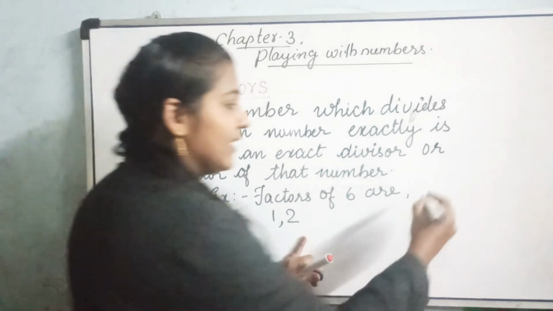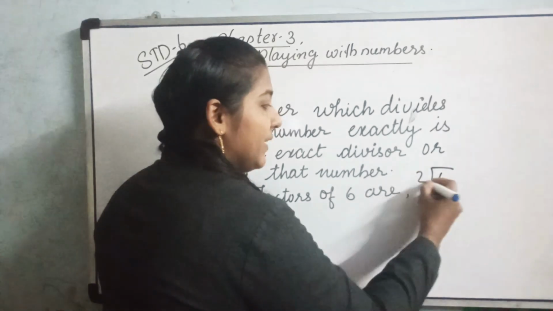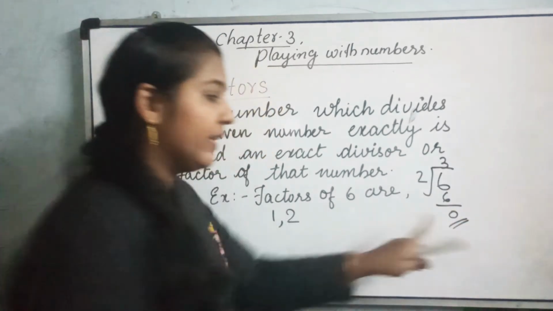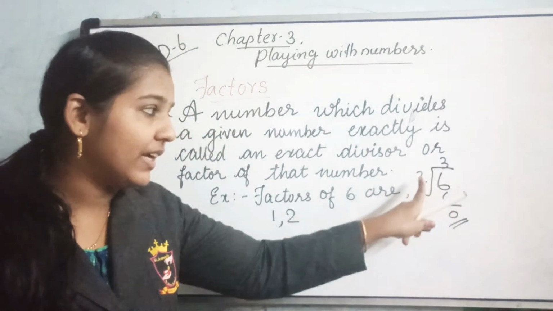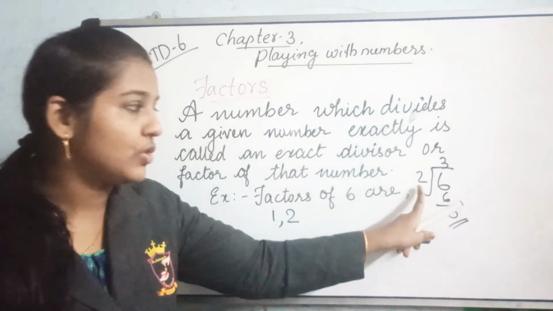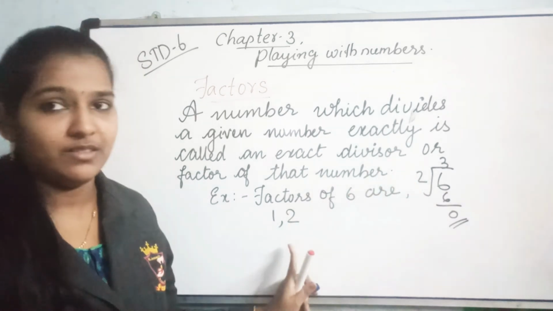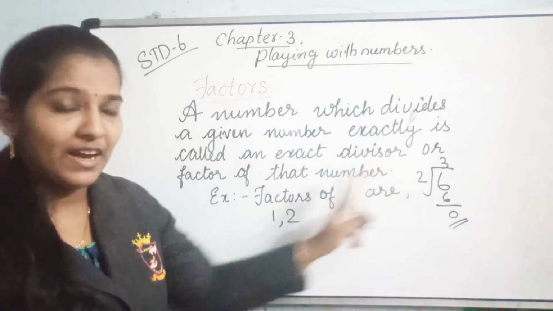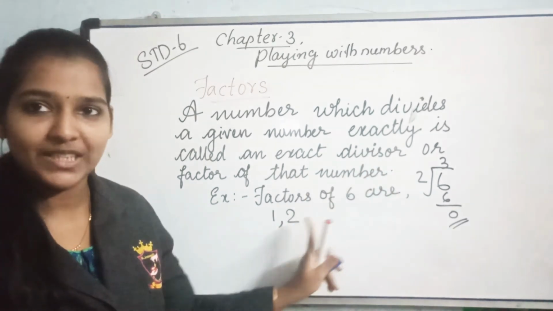If I divide 6 by 2, then we get 3 2's are 6 and remainder 0. Without leaving any remainder, we can divide 6 by 2. So 2 is an exact divisor or factor of the number 6.